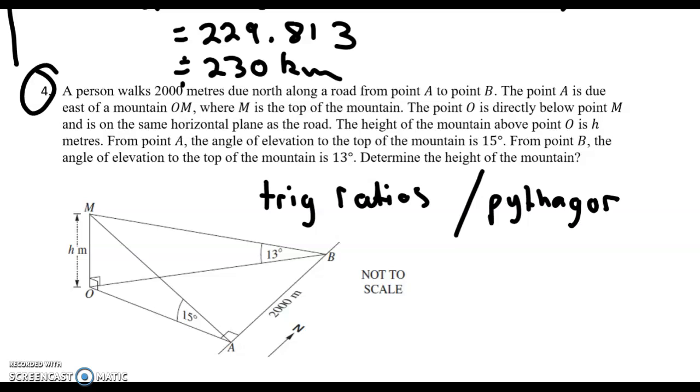It's quite a challenging question. There's not time in this video to do it now, so I'm going to leave it for you to have a crack at, and we might go through it on our first Zoom lesson next week.